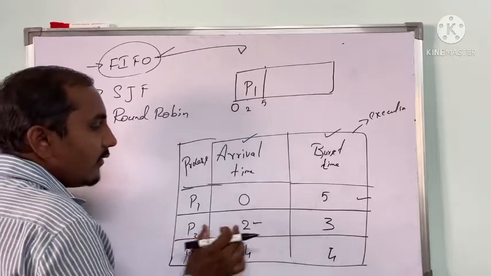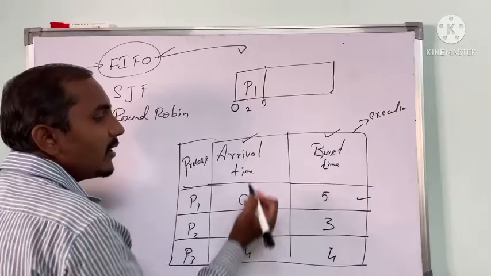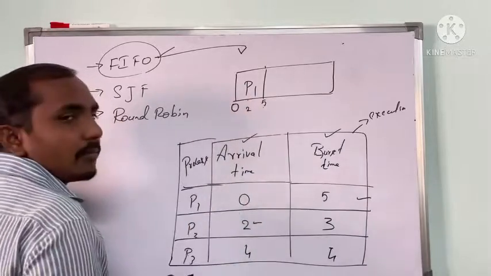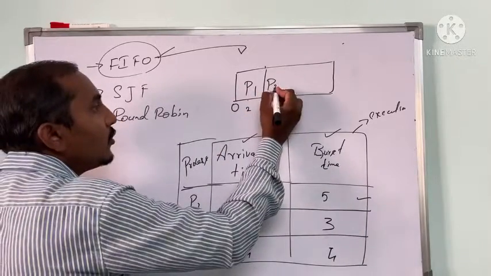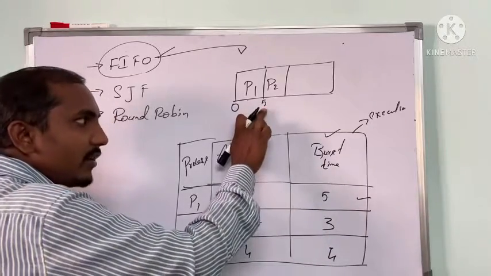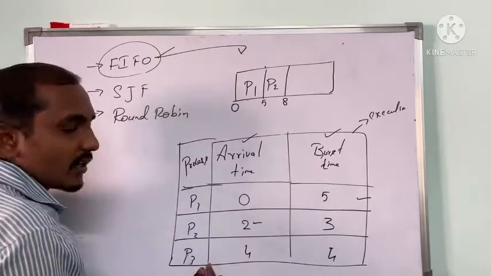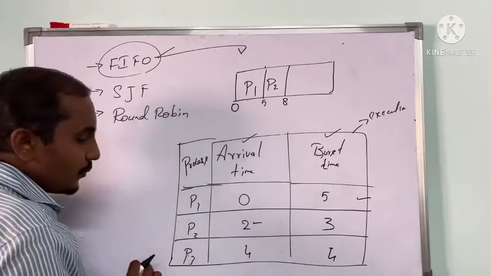Next P2 has arrived and it is taking how many milliseconds? 3 milliseconds. So after 5 milliseconds I am going to select P2, which will take 3 more milliseconds, which is nothing but 8 milliseconds for P2.